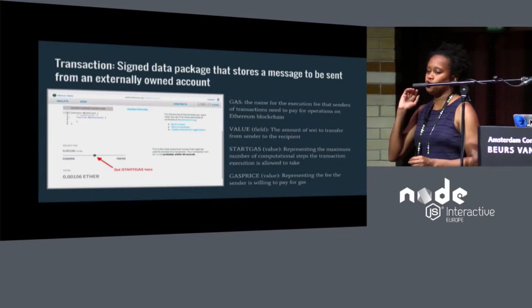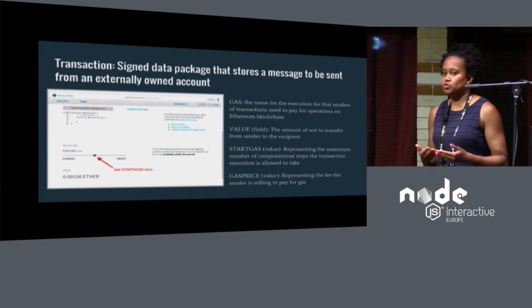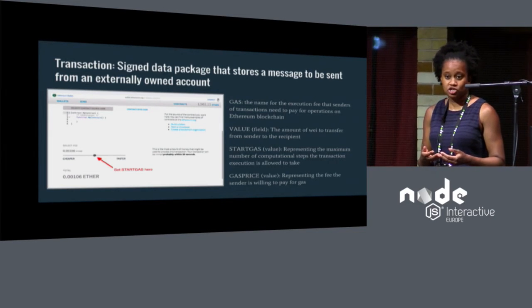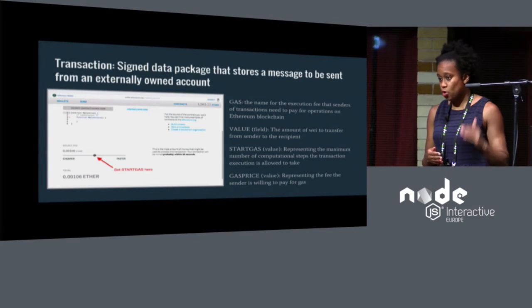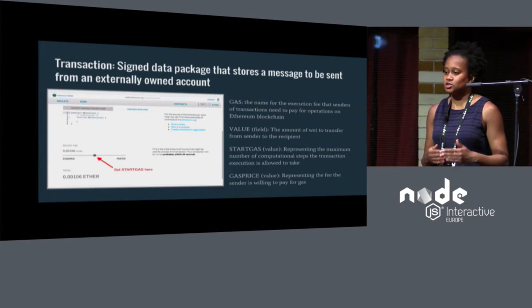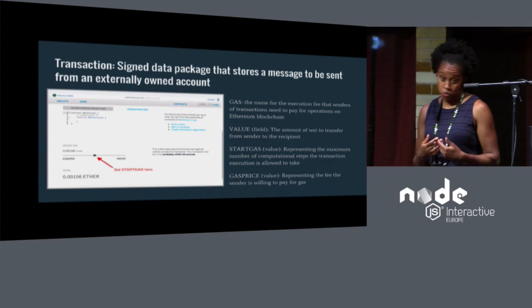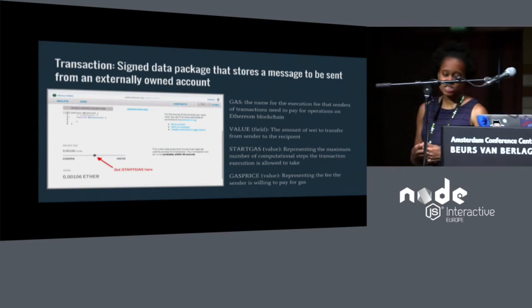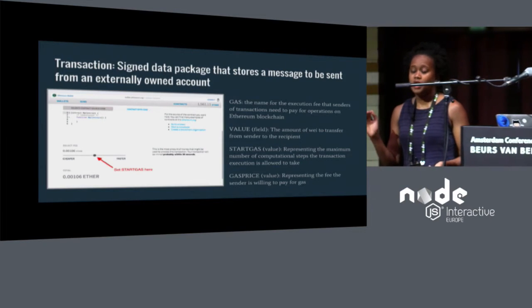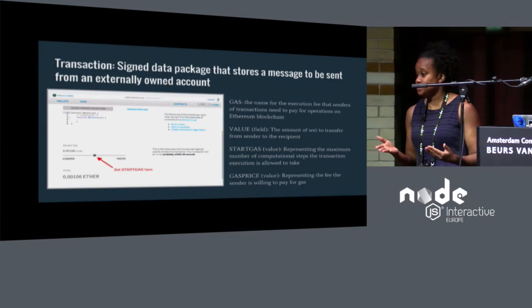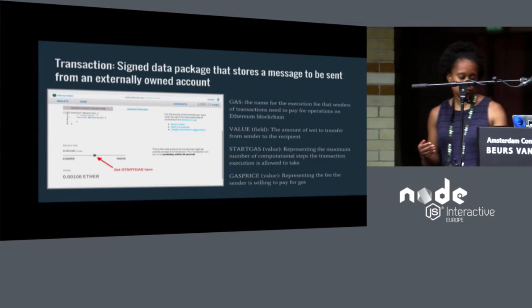Start gas is your maximum. That's how much you would want to pay for the transaction. So if your maximum is 1 Ether and the transaction is 1.1, then that transaction will actually not go through. And you have gas price, which is the maximum that the receiver would want to pay for this transaction.